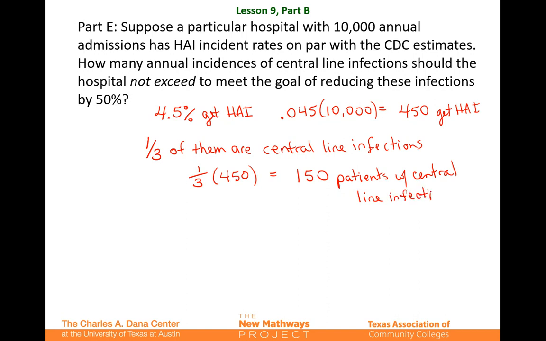Okay, we want to cut that by 50%. Cutting that by 50% means cutting it in half. Half of 150 is going to be 75 patients. So they need to cut down the number of patients from 150 to 75. I know that gets confusing. Just go slow and make sure you know what quantity they are comparing, what is my comparison value, and what is my base value.